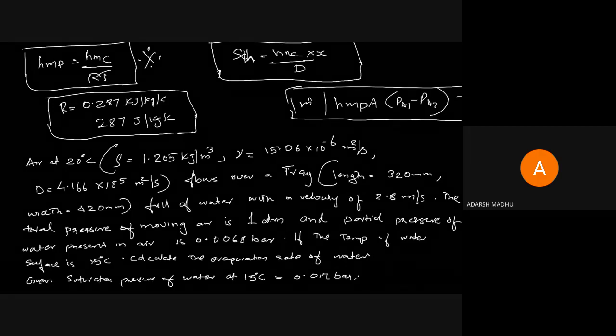PA1, partial pressure of water present in air, initial, is 0.068 bar. And next one is PA2, or P saturation. PW is 0.068 bar and P saturation is 0.017 bar.